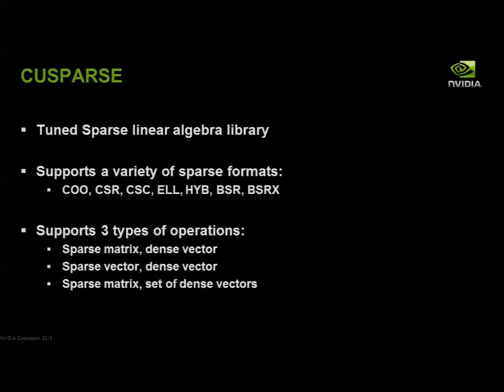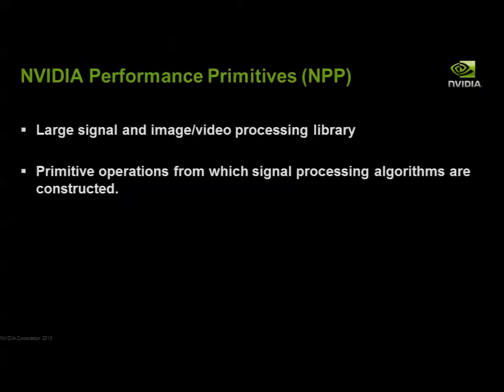Sparse linear algebra. We even now have a multigrid library, AmgX, that we just announced at Supercomputing, that goes in the same direction. So if you have any particular sparse linear algebra needs, have a look around at cuSPARSE.